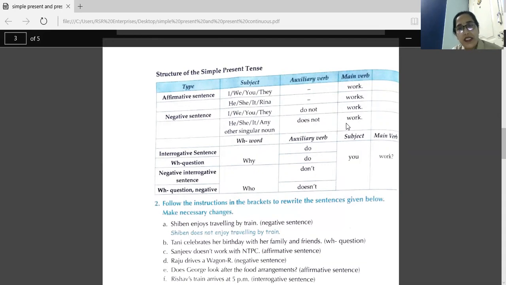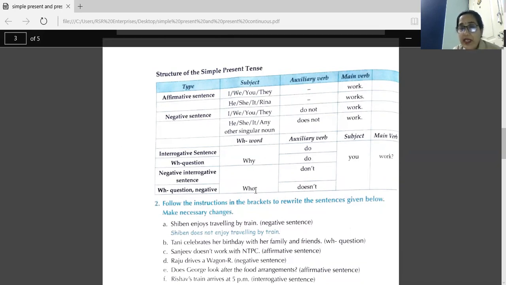Now interrogative. In interrogative, you have WH questions, that means where you have to write a WH word. Why is the WH word here? Now here in the interrogative, there is an auxiliary verb which we are using. Why do you work? With you, you will write do. Why do you work, in a WH question and interrogative sentence? Now a negative interrogative sentence.